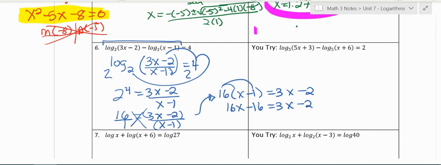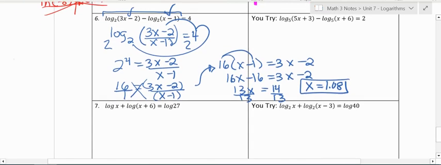All right, if we go ahead and solve it, we get 13x is equal to 14. And then when we divide, that gives us our final answer of 1.08. And if we test it out, it would end up giving us positive answers. And that would work out.